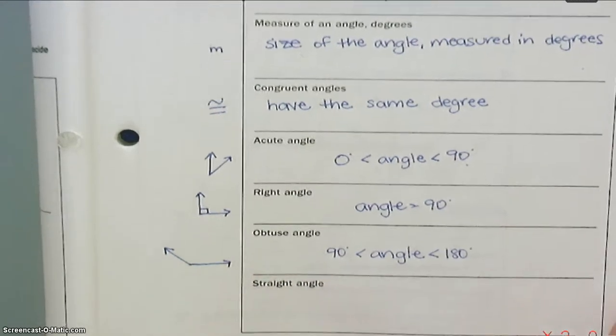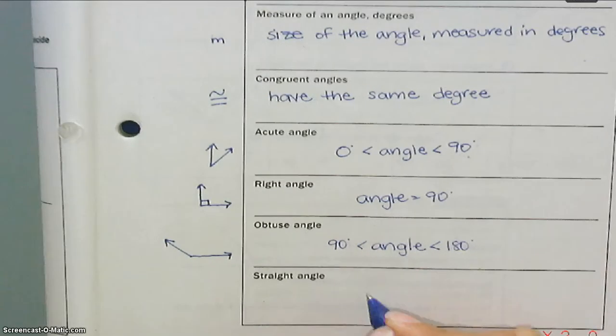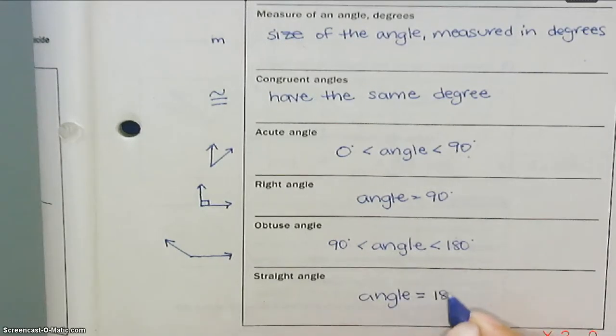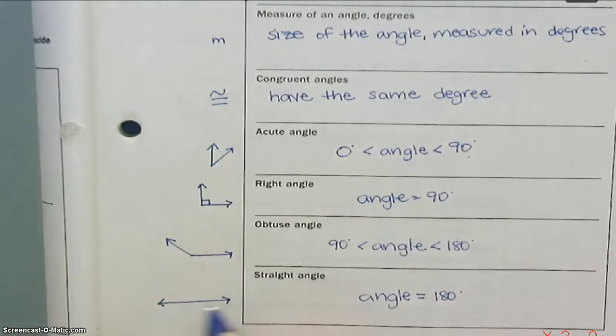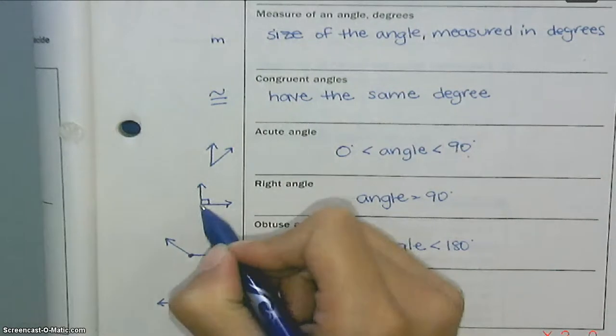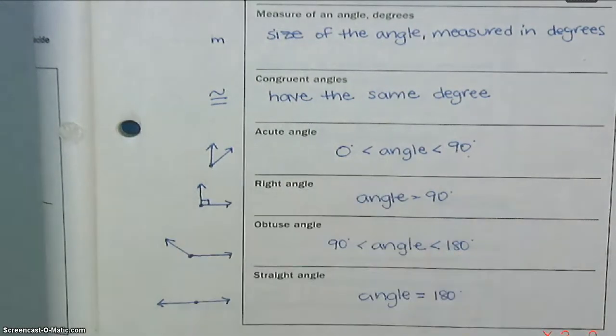And then a straight angle is an angle that equals 180 degrees. So that looks just like that. Notice we have a vertex in each one. Kind of think of the vertex as the elbow of the angle.